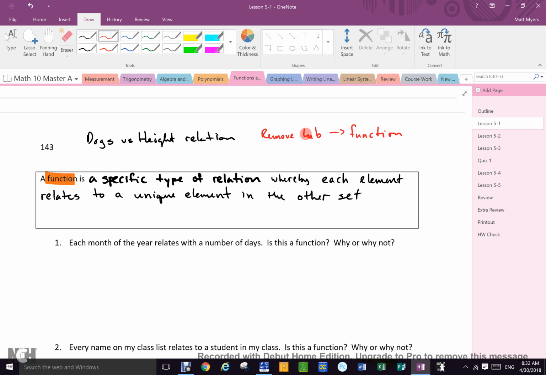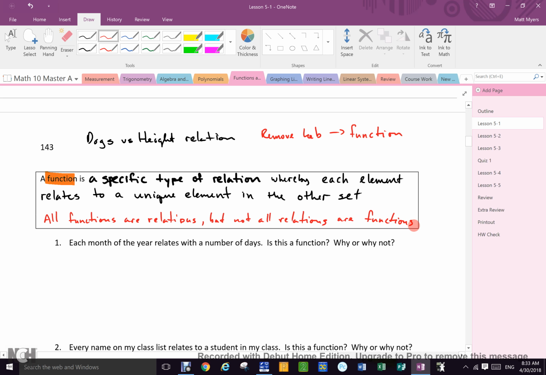Is everybody cool? So, remember, all functions are relations, but not all relations are functions.